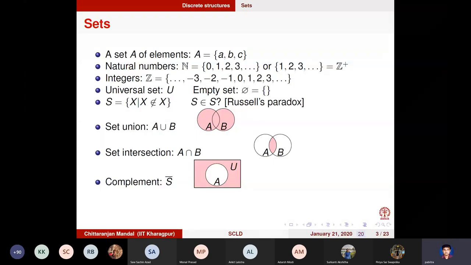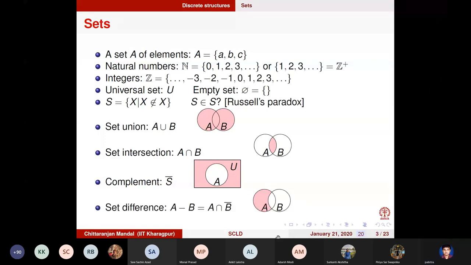This bar is also sometimes represented as a prime or a tilde before it. So it's the complement operator. These three are the fundamental operators in set algebra. Using these operators, you can define other derived operations. For example, using the intersection and the complement operation, you can define the set difference operation.